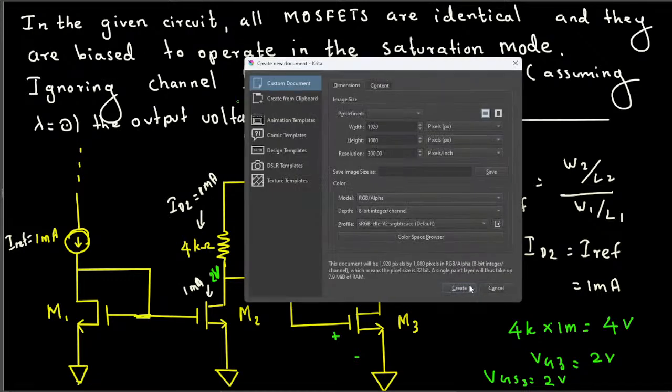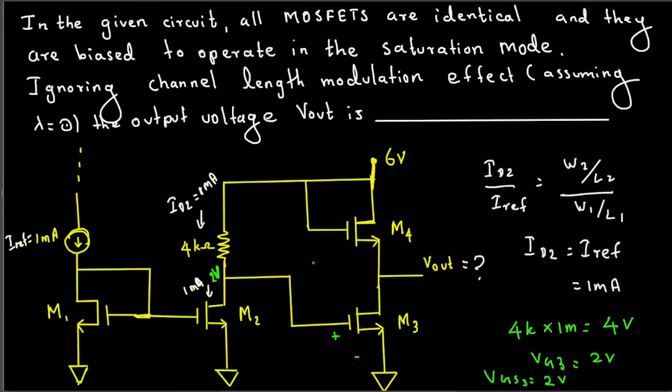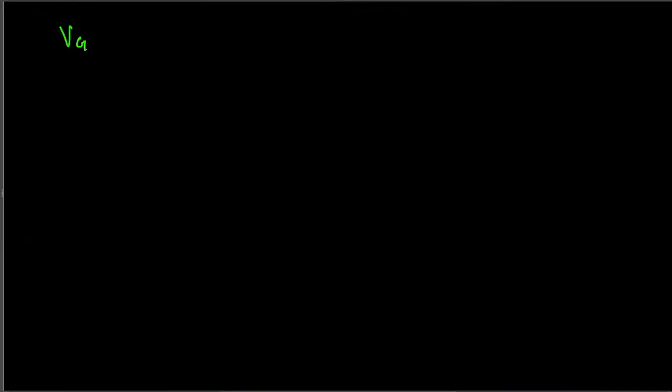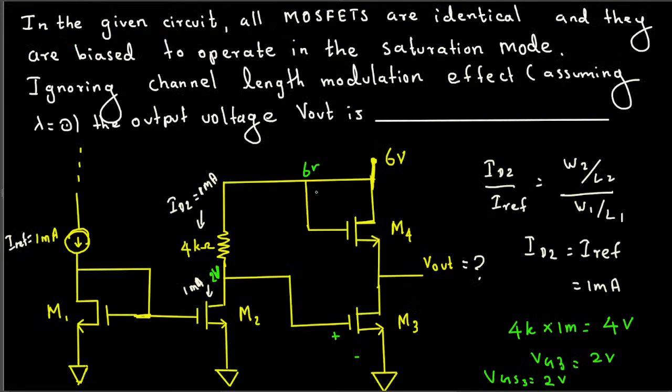So we have all this information. Now we are interested in output voltage and this one is 6 voltage, so it means whatever the voltage here is also 6, and then this gate voltage is also 6, so we can say VG4 is 6 voltage, because there's no voltage drop or anything, so it's the exact same voltage right here.